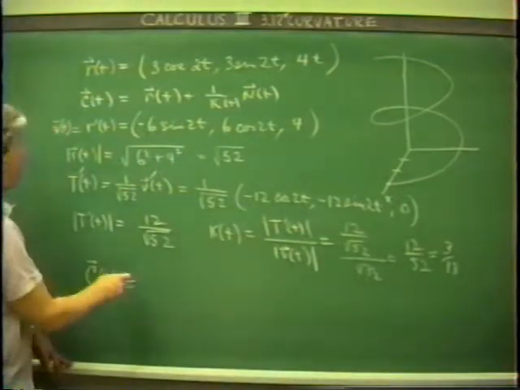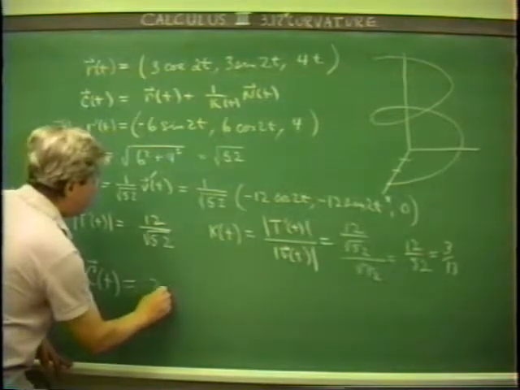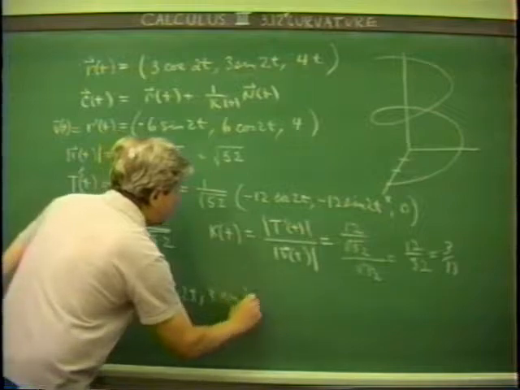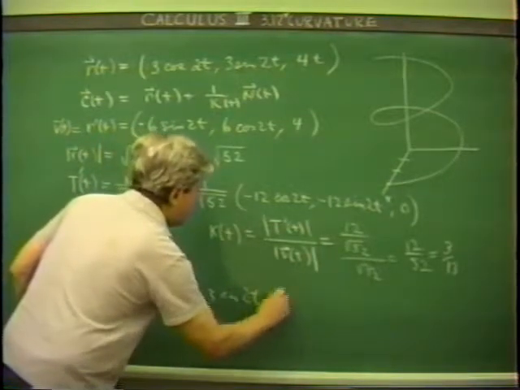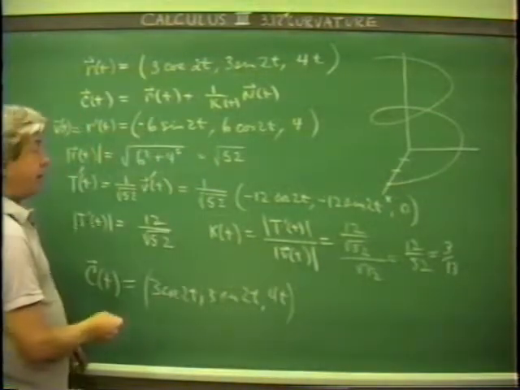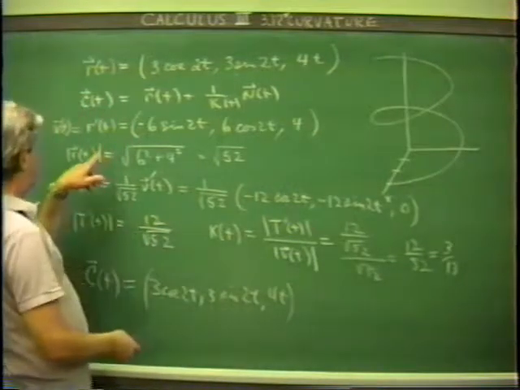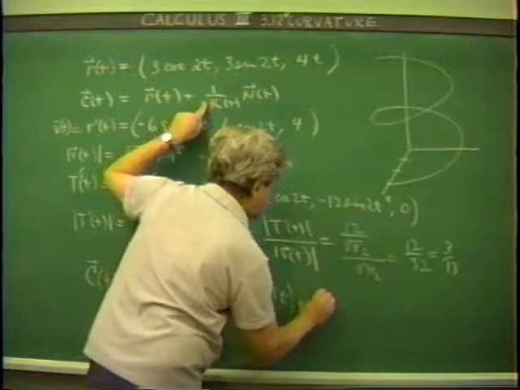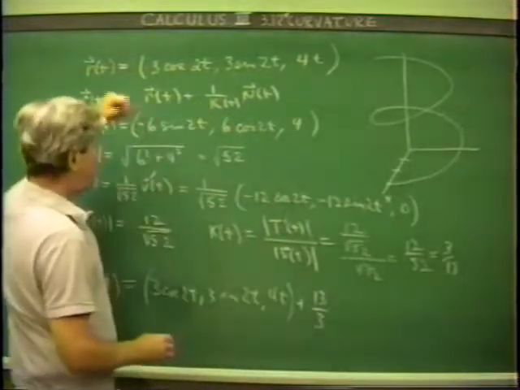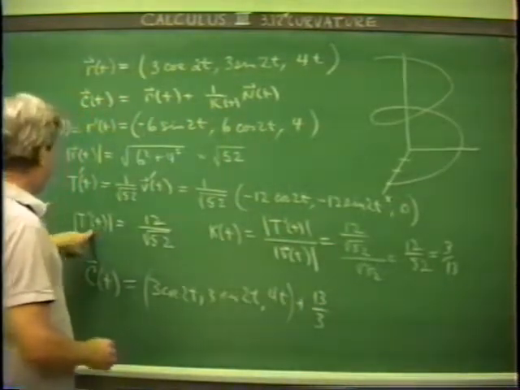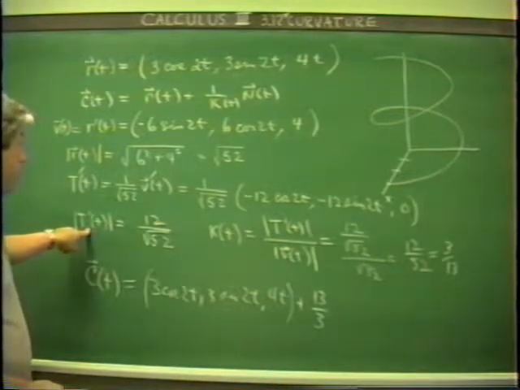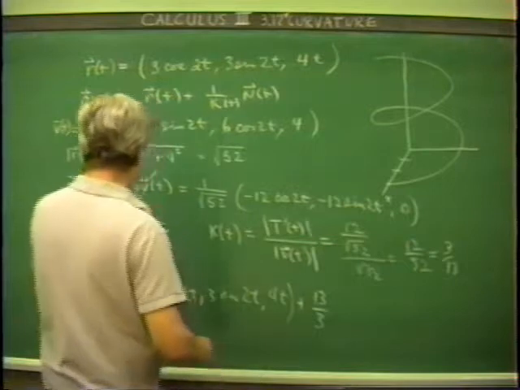Now the center of curvature for this is going to change as the spiral changes here, and it's going to be given by r of t, which is 3 cosine 2t, 3 sine 2t, and 4t, plus 1 over the curvature, that's to say plus 13 over 3 times n of t.